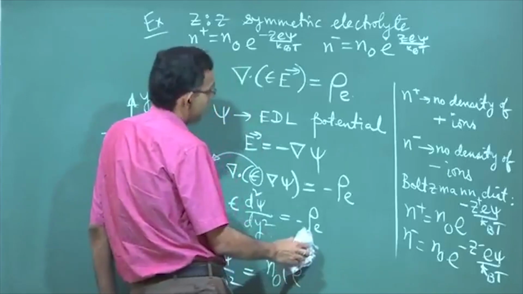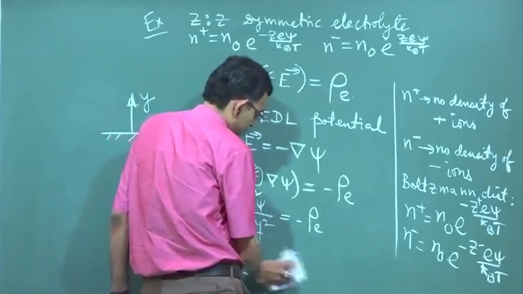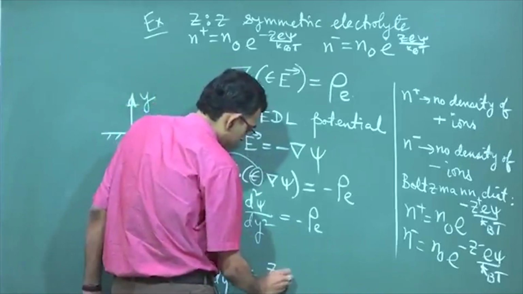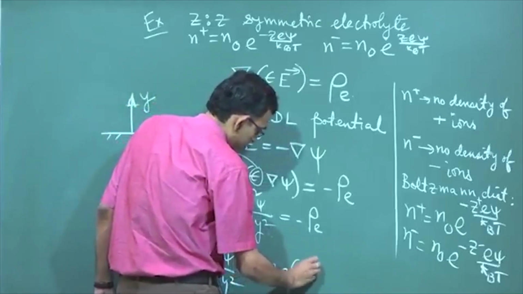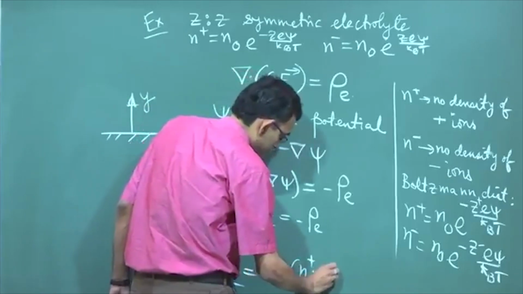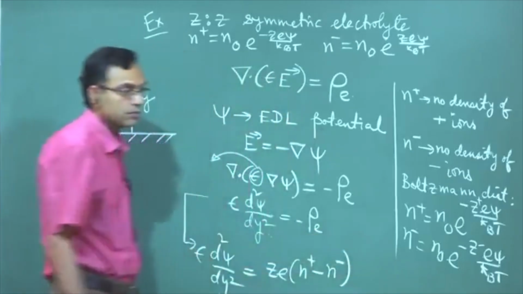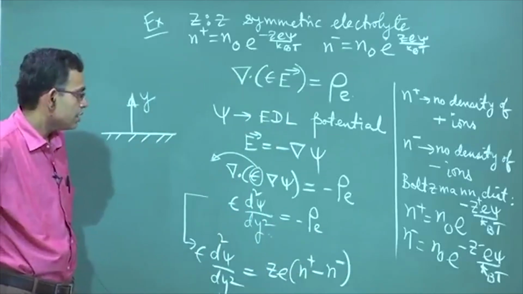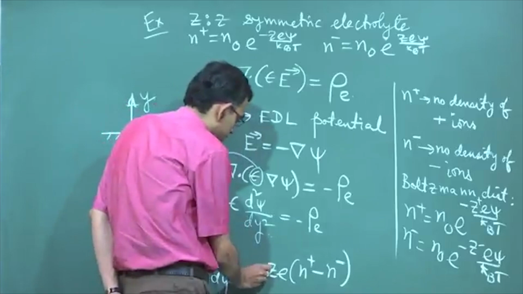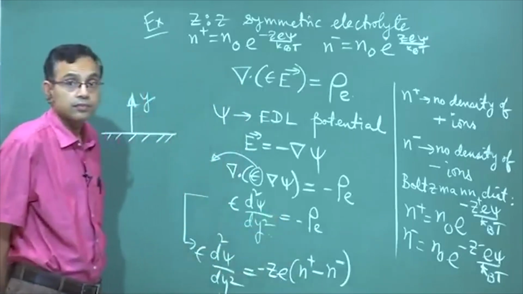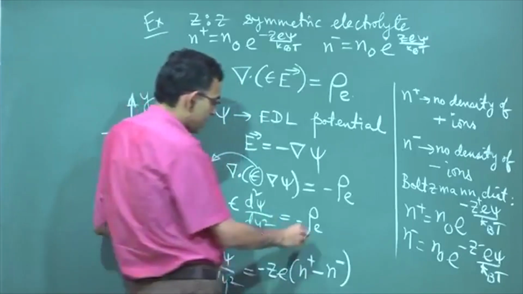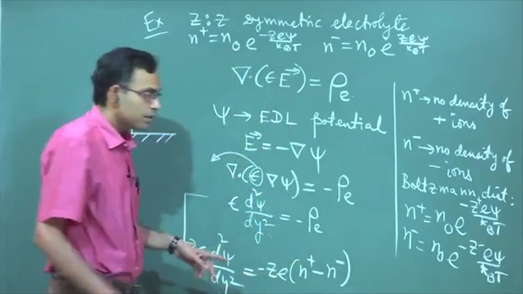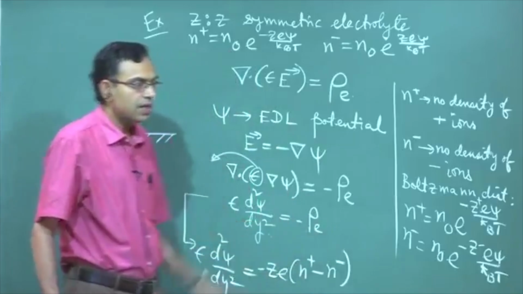Now, before that, this is the charge density. We have written the net charge density as the difference between the positive and the negative charges.